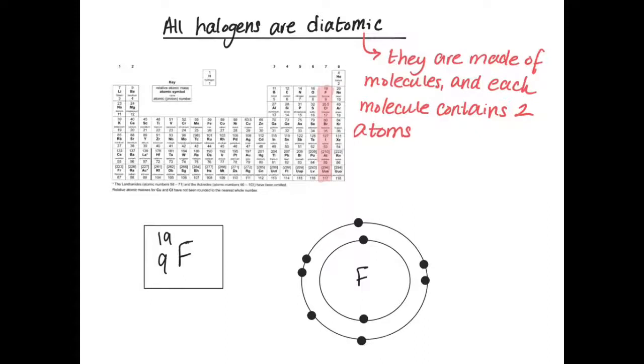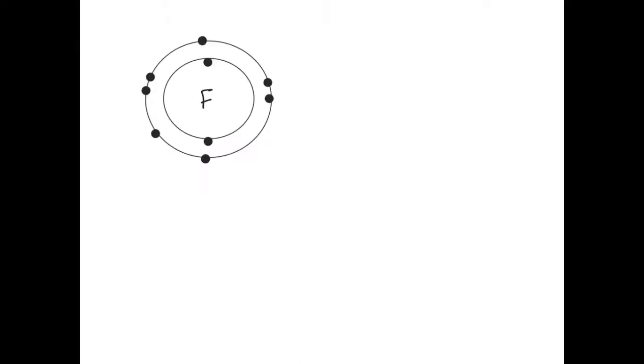If we look at fluorine, for example, we know that it's got 9 electrons and 9 protons, and the electrons are arranged 2 in the first shell and 1, 2, 3, 4, 5, 6, 7 in the outside shell. That makes sense because fluorine is in group 7, so you'd expect it to have 7 electrons in its outer shell.